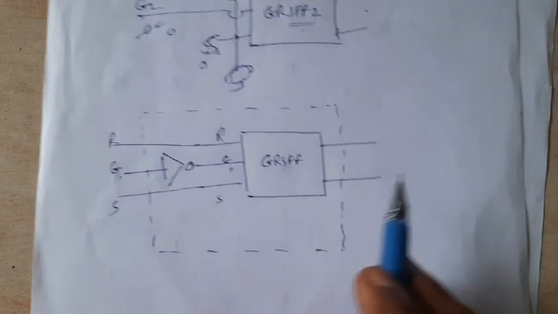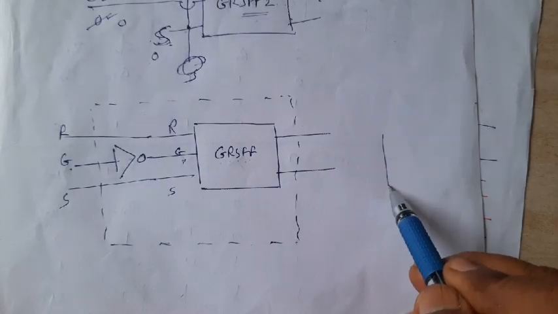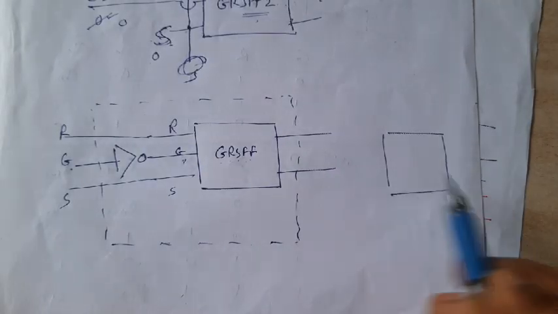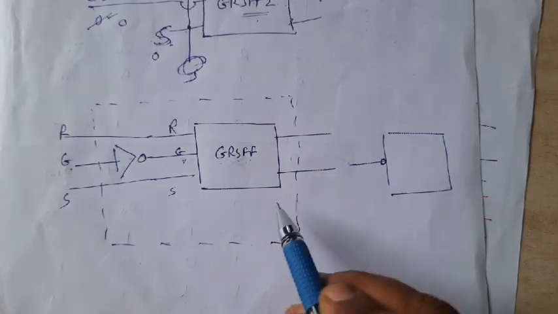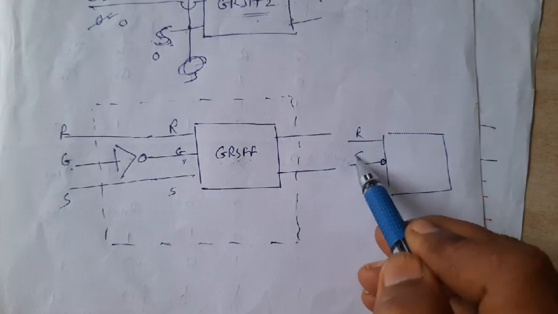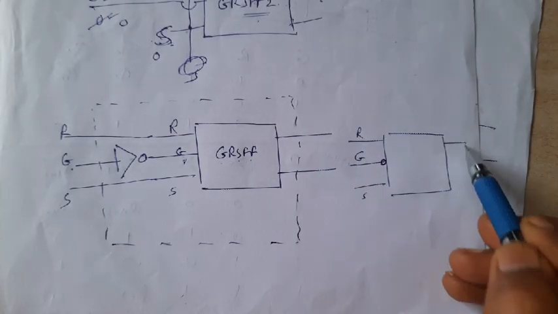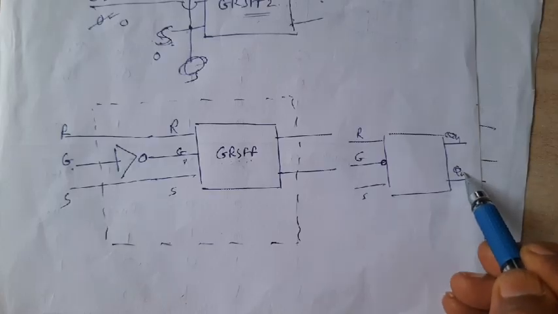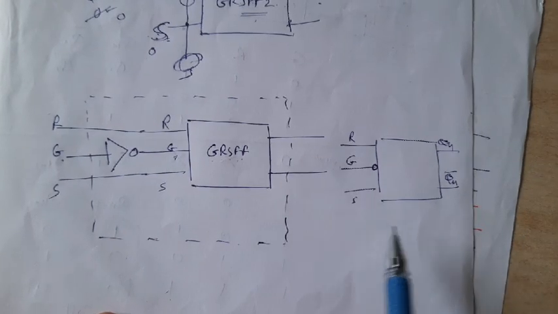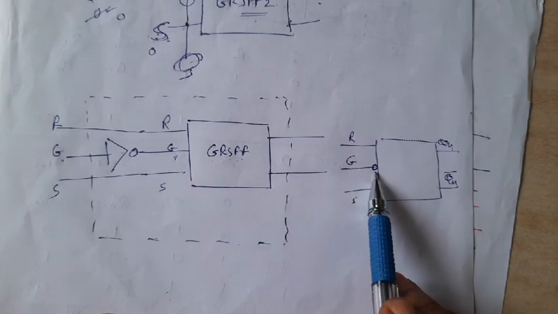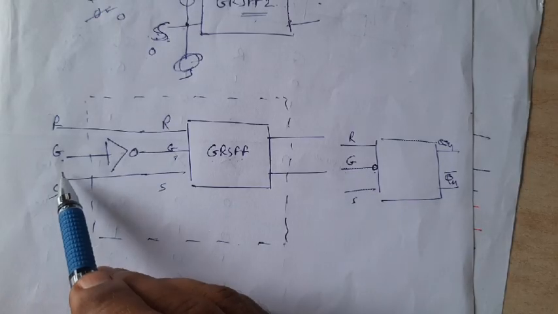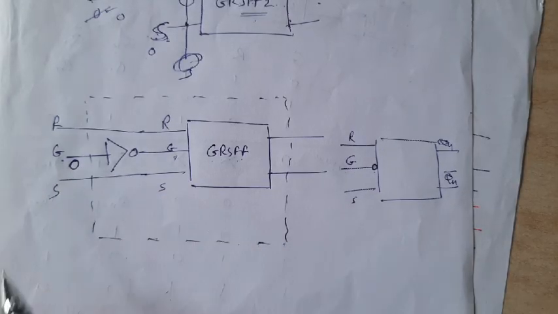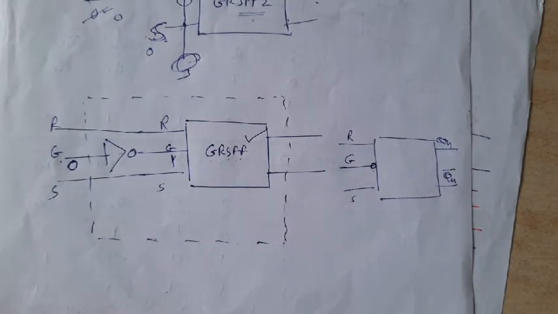Right? So, if the flip-flop is like this, now I can represent this as, I will draw a bubble here. This is R, G and S, Qn and Qn bar. The bubble indicates that it is active low. Check. If it is 0, this is 1 and the flip-flop will be enabled.